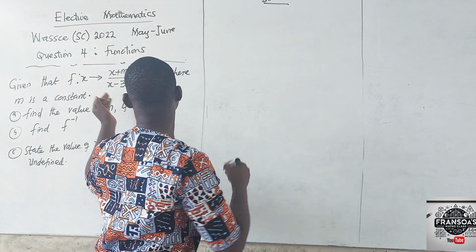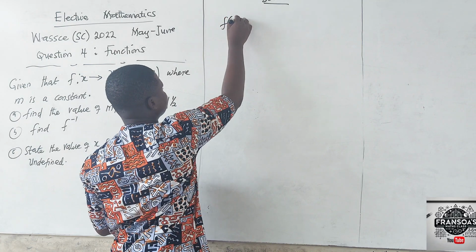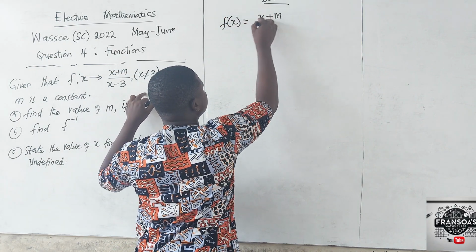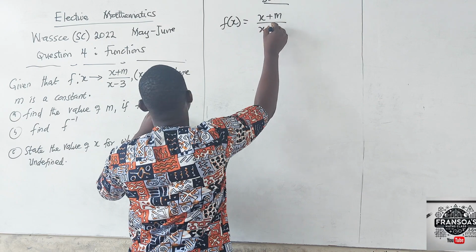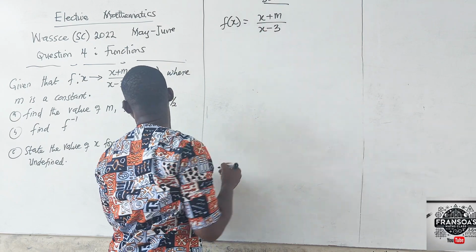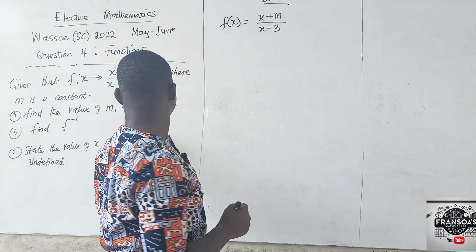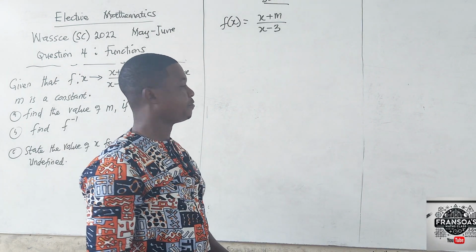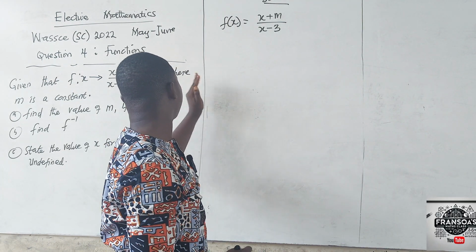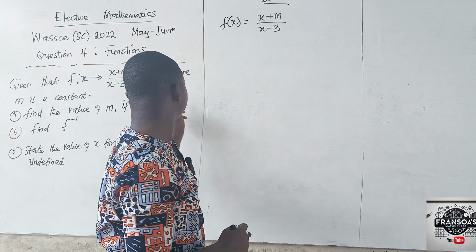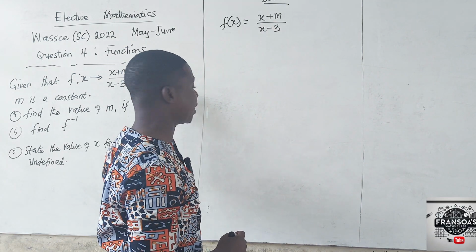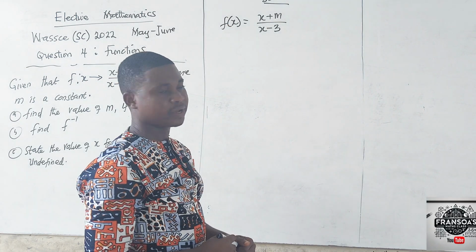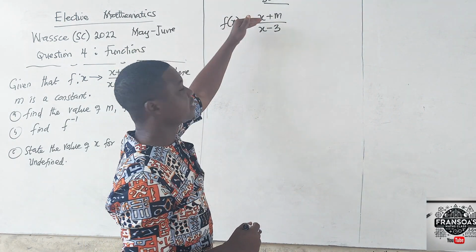From the question, we've been given f of x is equal to x plus m over x minus 3. Now we are told to find m when f of 5 is equal to 1 1/2. So first we find f of 5. Wherever we see x here, we put 5.